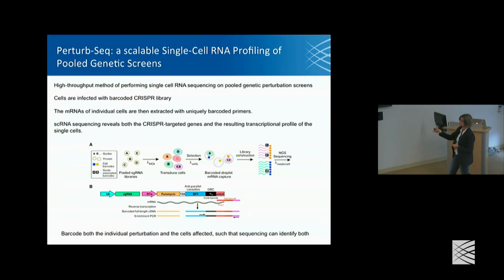And then single-cell RNA sequencing is able to reveal both the CRISPR-targeted genes and the resulting transcriptional profile of the single cells. So the bottom line is that you barcode both the individual perturbation and the cells affected, so that the sequencing can identify both.